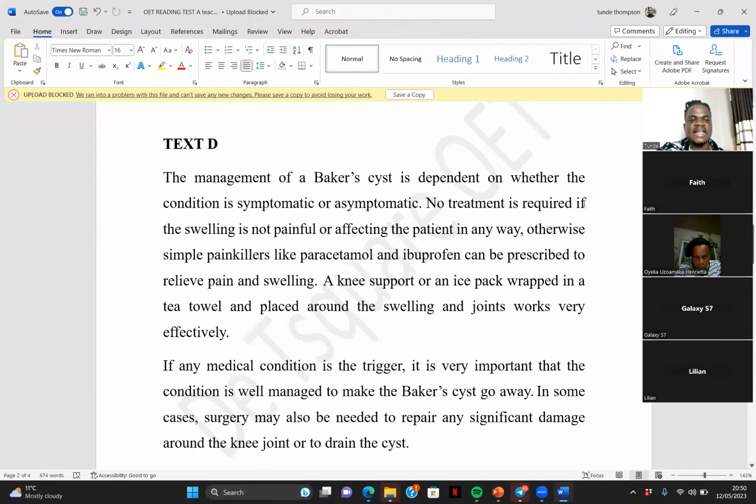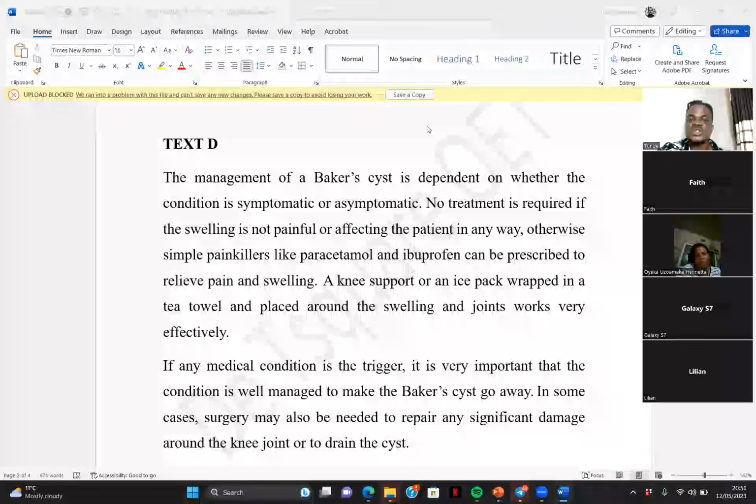No treatment is required if the swelling is not painful or affecting the patient in any way. Otherwise, simple painkillers like paracetamol and ibuprofen can be prescribed to relieve pain and swelling. So you only prescribe paracetamol and ibuprofen if there are symptoms. Otherwise, no treatment. So your answer is no treatment. Somebody said no TMT. You don't write like that in the exam. That will be a fail. So it should be no treatment.